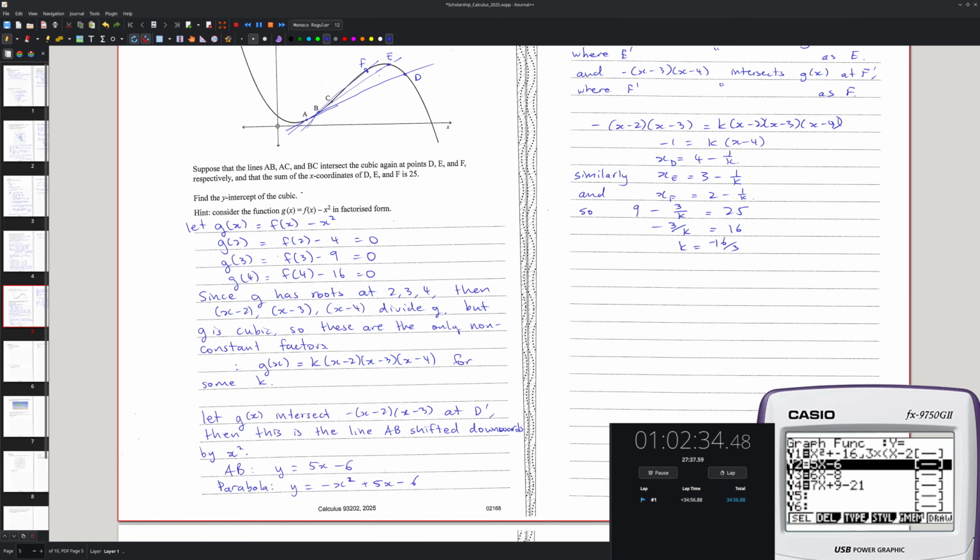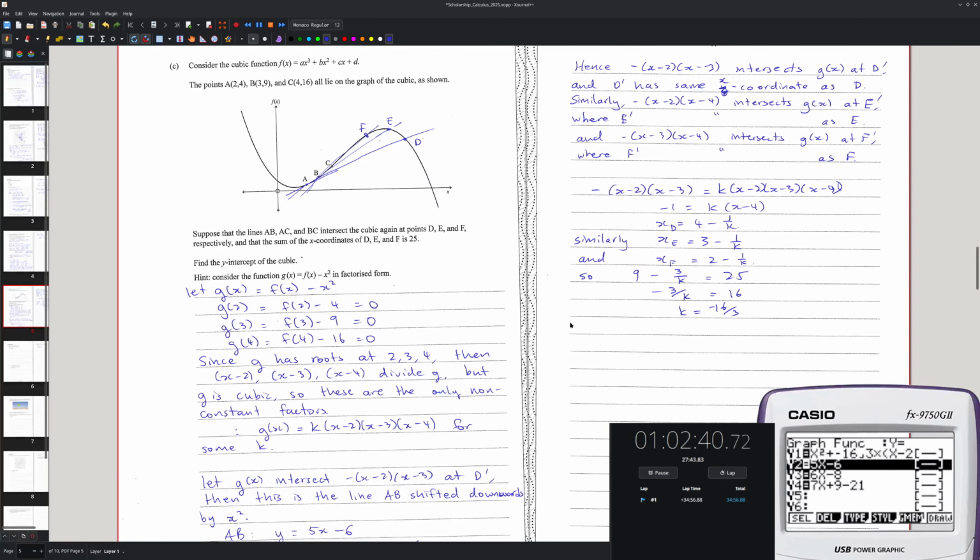Wait, yo guys, did we mess up the addition? The sum of the, so you bring the 4.